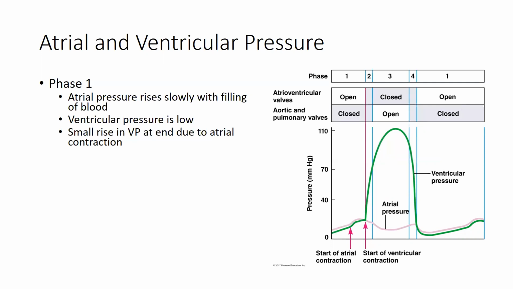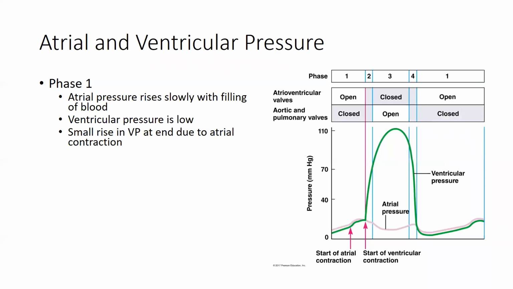And as we mentioned before, at the end of phase 1, the atria is going to start to gently contract just so that it gets all the blood out down into the ventricle. So we have atrial pressure slowly rising in phase 1.